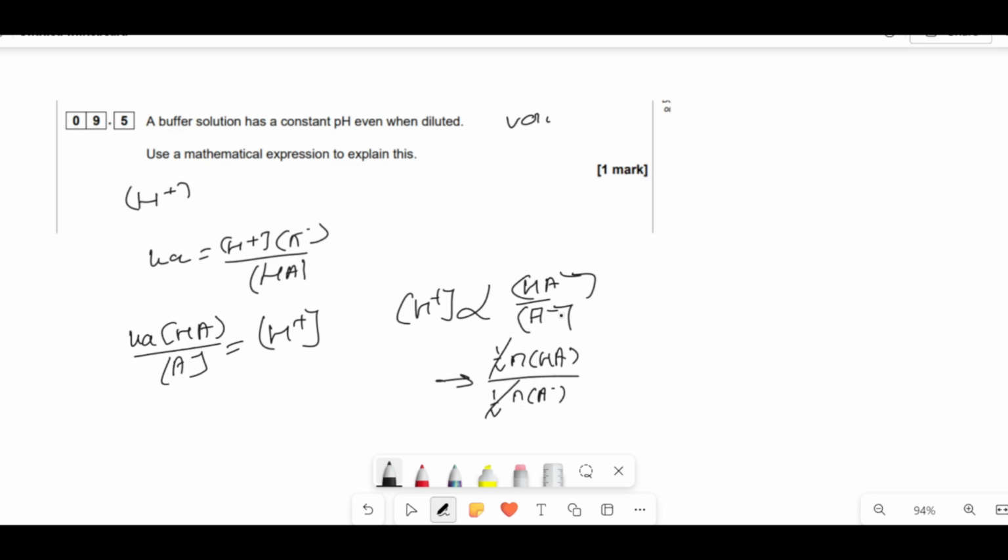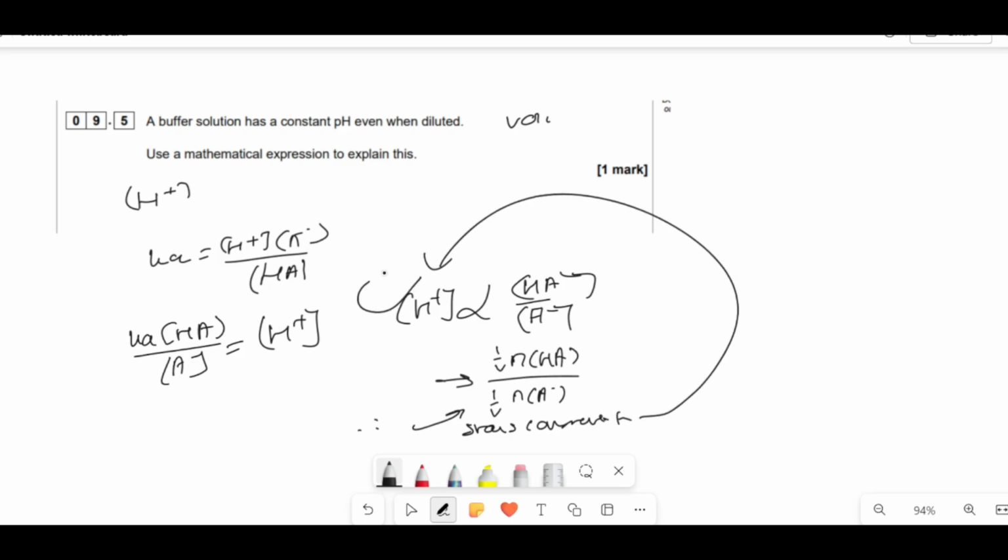You can see how those volumes cancel out, and it's entirely irrelevant as long as the volume of the whole system stays the same. So therefore, this ratio between the two of them stays constant. So then, you would say H+ is constant, and if H+ is constant, pH is constant.